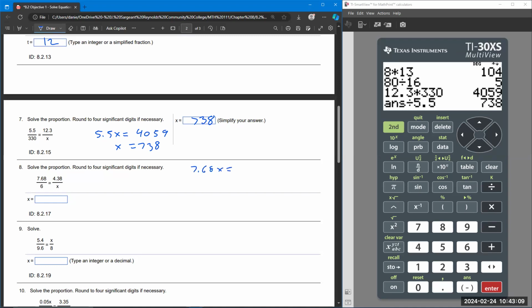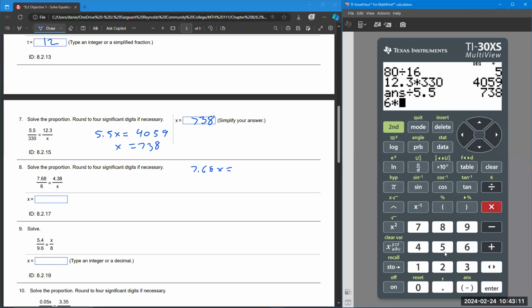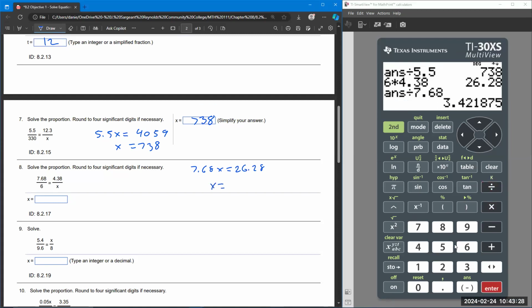7.68x equals 6 times 4.38 is 26.28. Divide that by 7.68, and we get x is 3.4219.